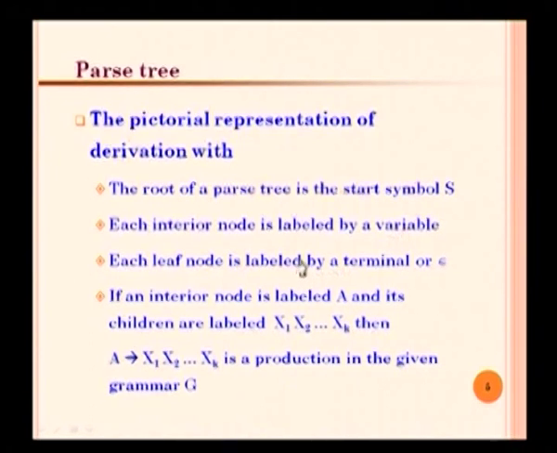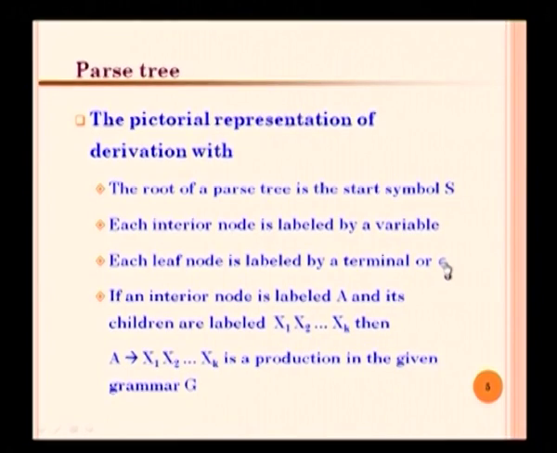Then, as far as the leaf nodes are concerned, they must be labeled by the terminals given in the grammar, or it can even be epsilon. Epsilon is not a grammar symbol, so it is required to specify whether epsilon can be in the leaf node of the tree or not.